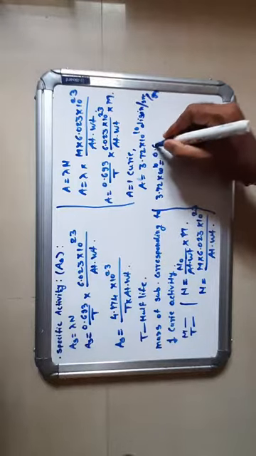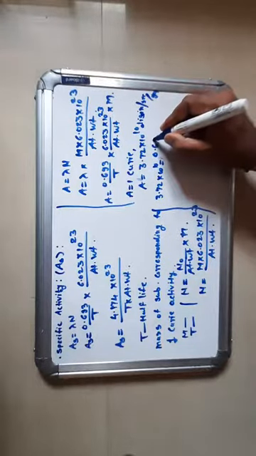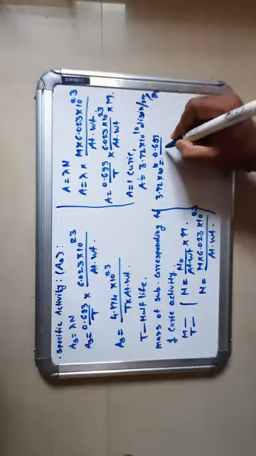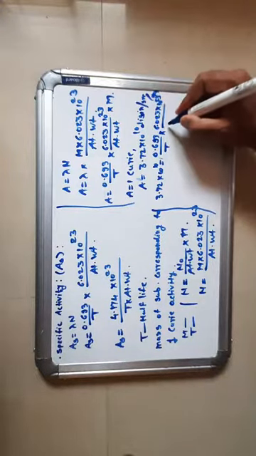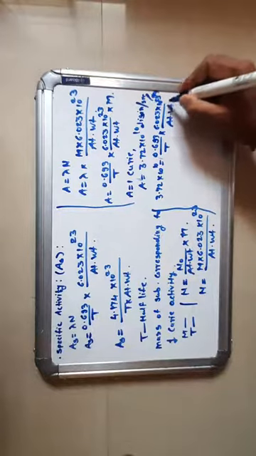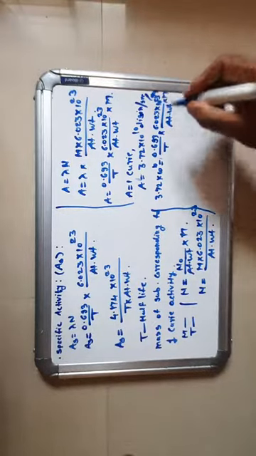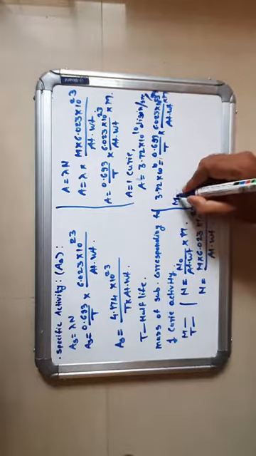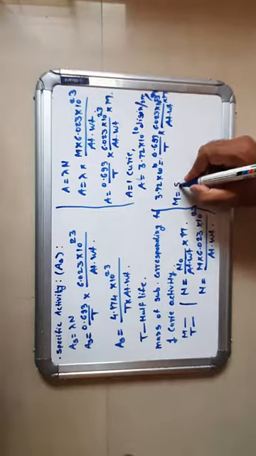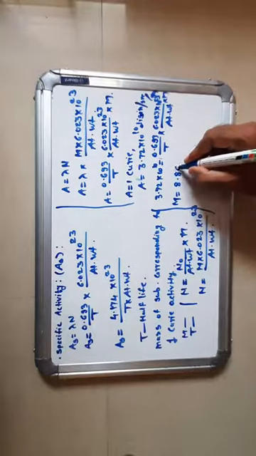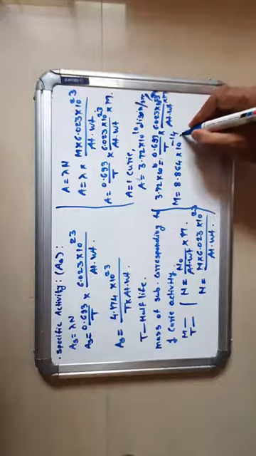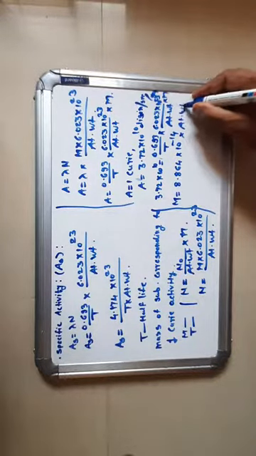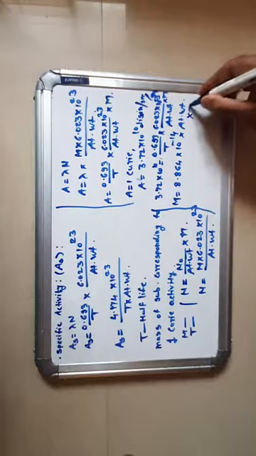0.693 divided by T into 6.023 into 10 raised to 23 divided by atomic weight into M, right? Then capital M is equal to 8.864 into 10 raised to minus 14 into atomic weight into T, half-life.